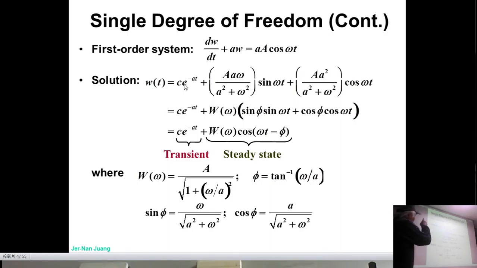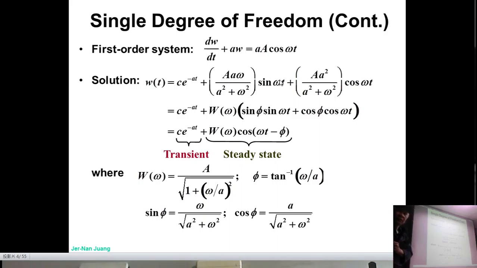The capital W(omega) is equal to A divided by the square root of A squared plus omega squared, and so on. And then I put these two terms together, it becomes cosine(omega t minus phi). And phi is defined as the arctangent of omega divided by A.